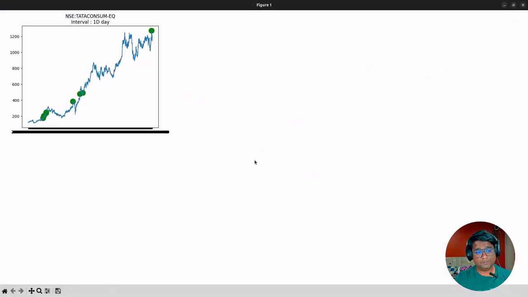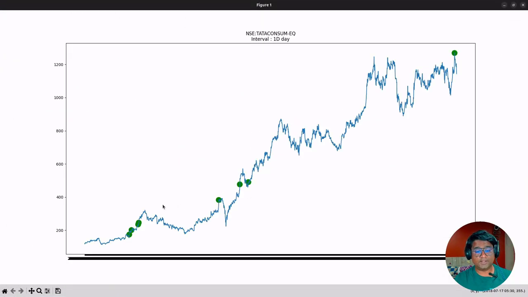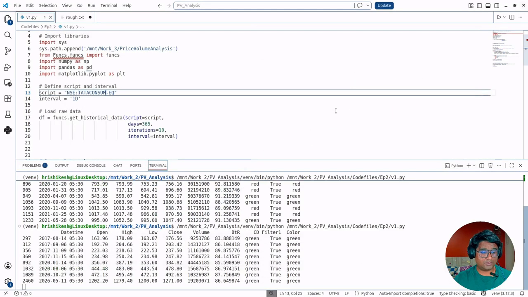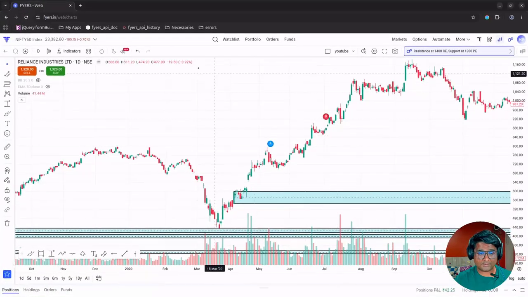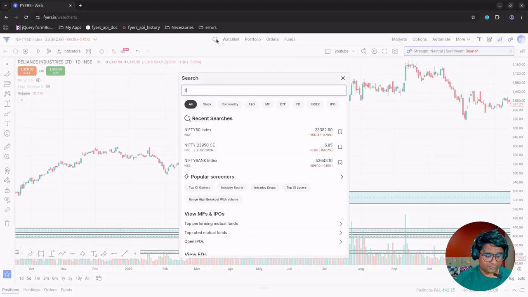So see, here only green candles are observed. 14th August 17, Tata Consumers.